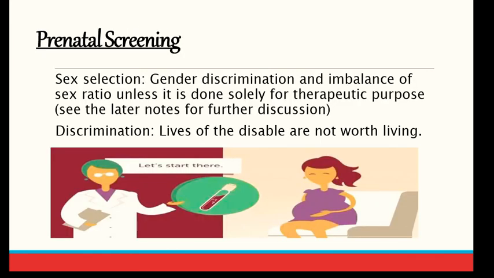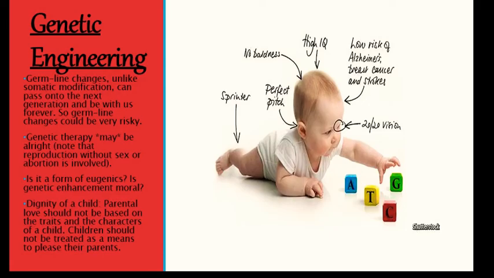Prenatal screening is very beneficial, but it can lead to sex selection, gender discrimination, and imbalance of sex ratio, unless it is done solely for therapeutic purposes. It is better if we use it for therapeutic purposes. Discrimination: the lives of the disabled are not worth living.